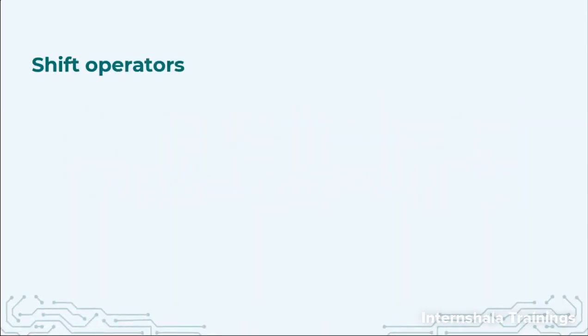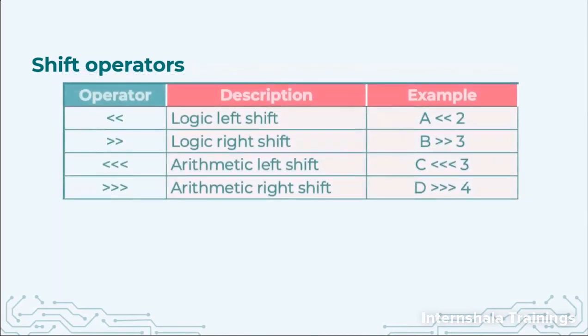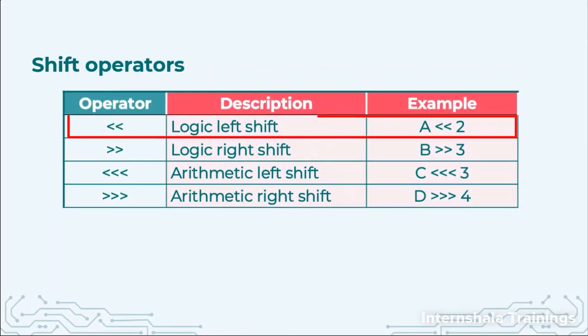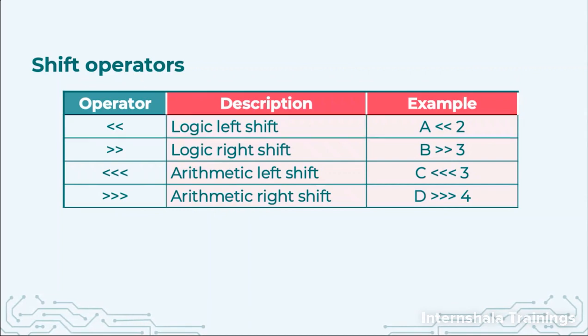Shift operators are very important. Sometimes we need to shift our data towards the left or right side. So two symbols are used for logical left shift. And if we use 3, then we have arithmetic left shift or arithmetic right shift.